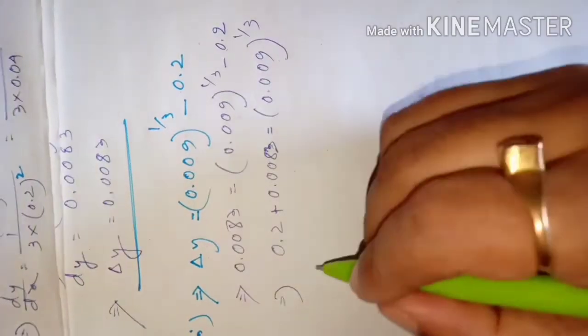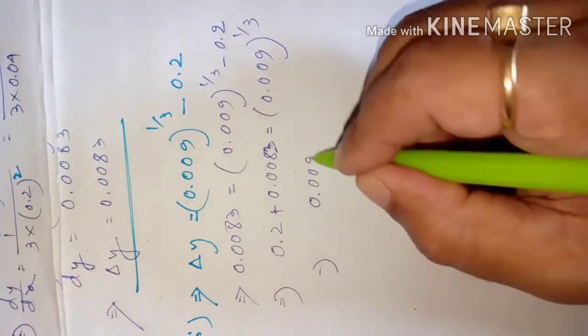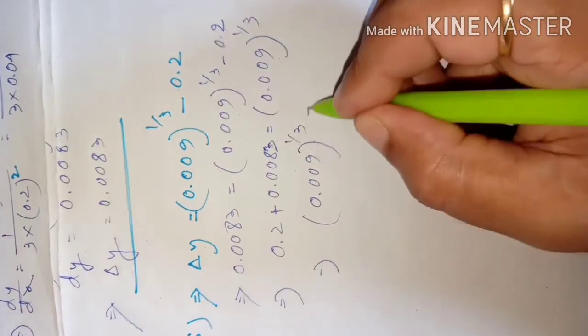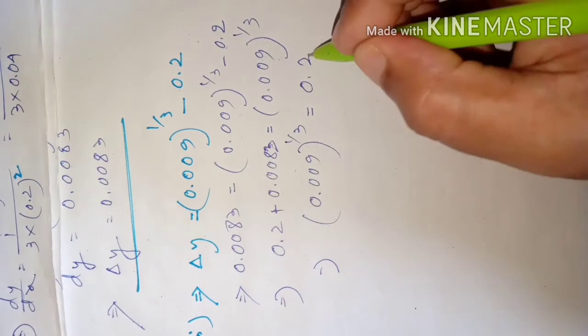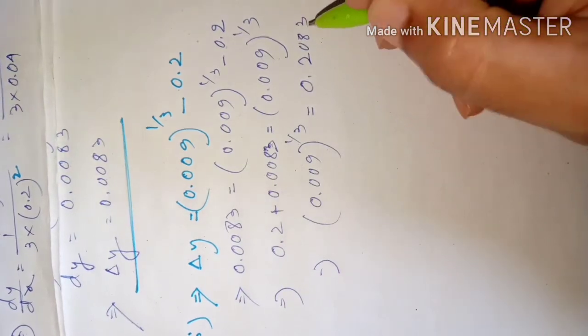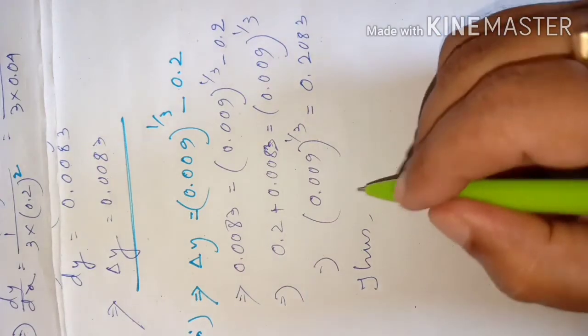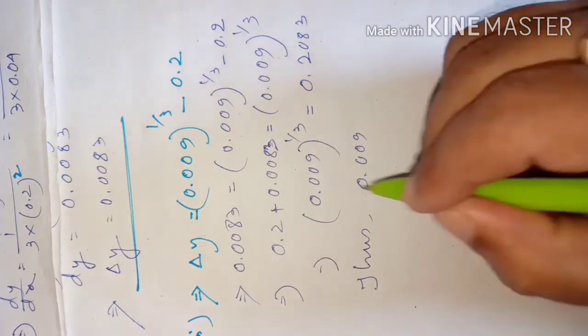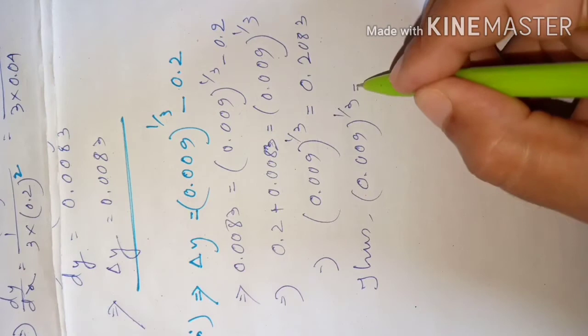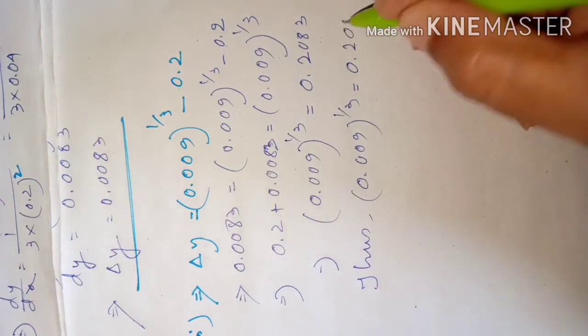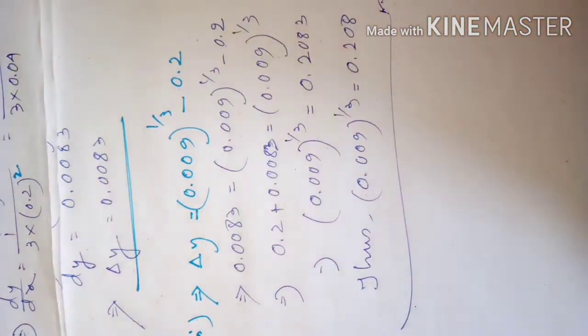That gives us 0.009 whole to the power of 1 by 3 equal to 0.2083. So the approximate value of 0.009 to the power of 1 by 3 is 0.208. This is our answer.